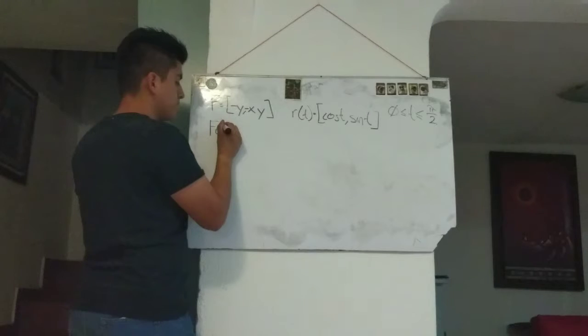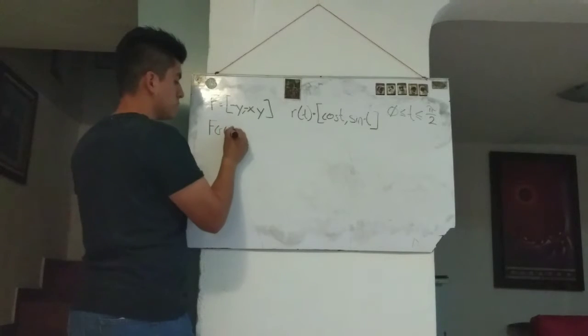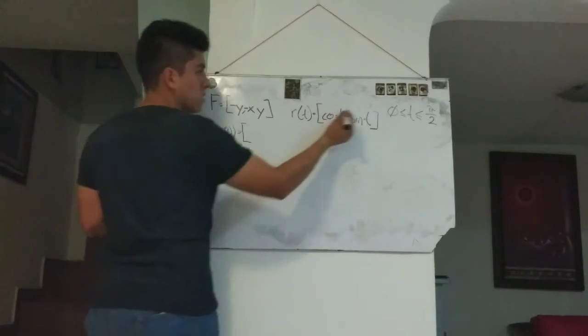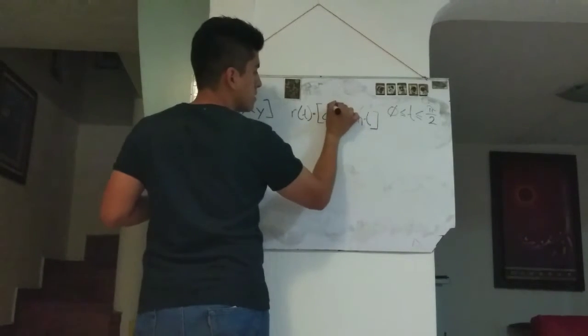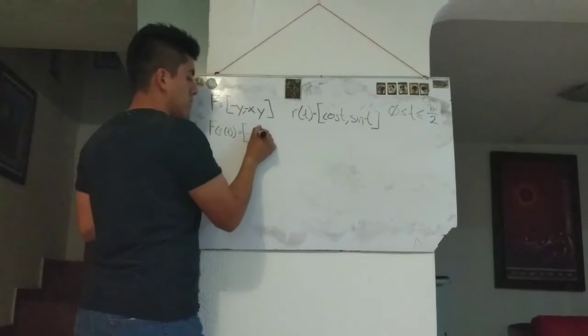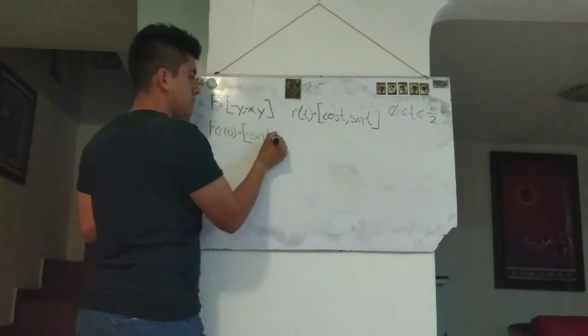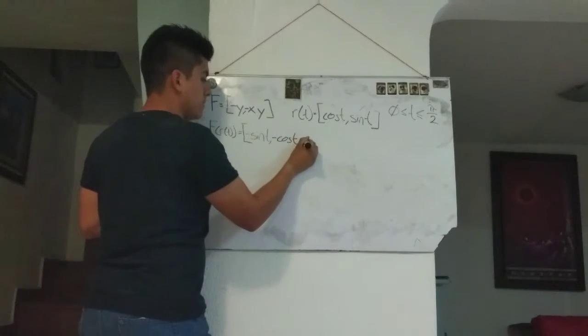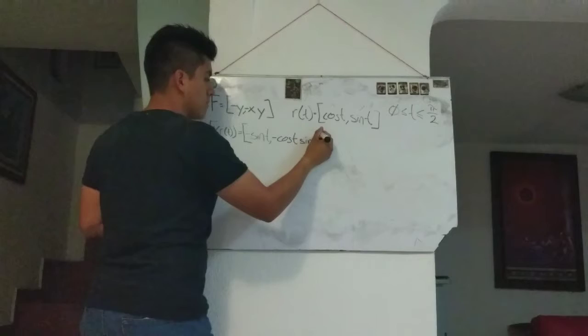So this is y, this is x, minus sine of t, minus cosine of t, sine of t.